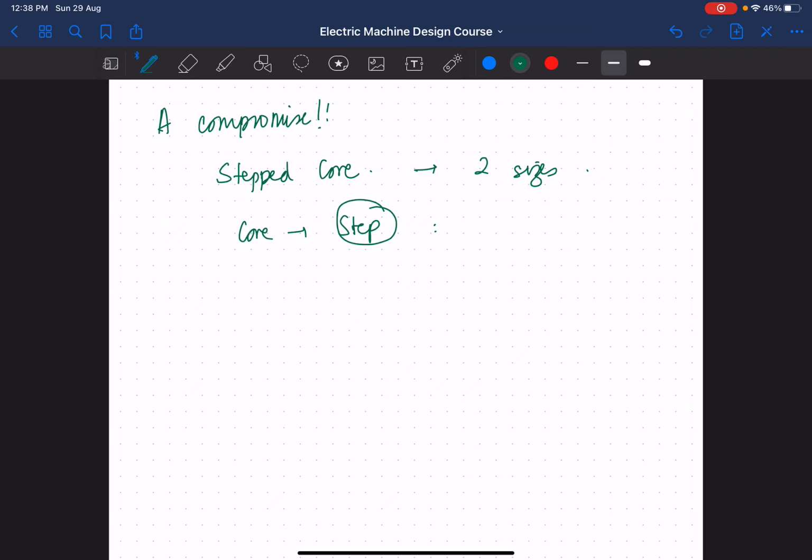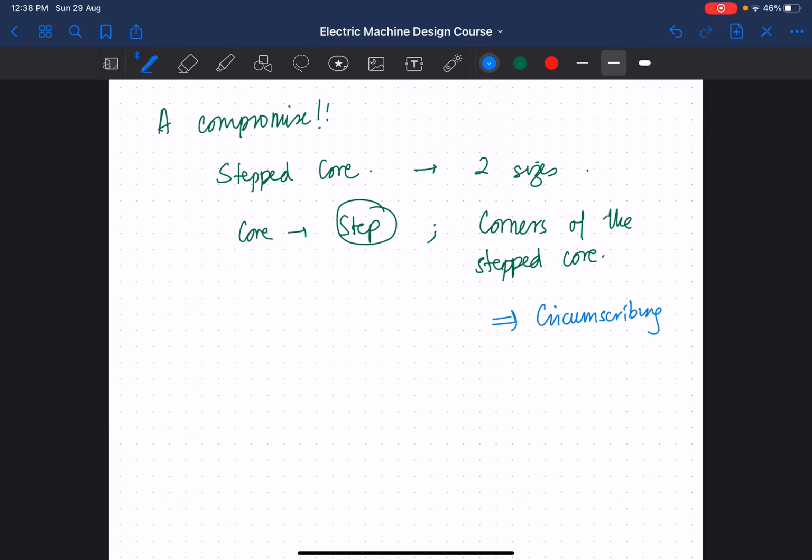And the corners of this stepped core lie on what is known as the circumscribing circle.